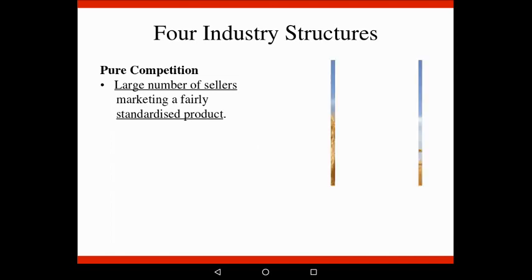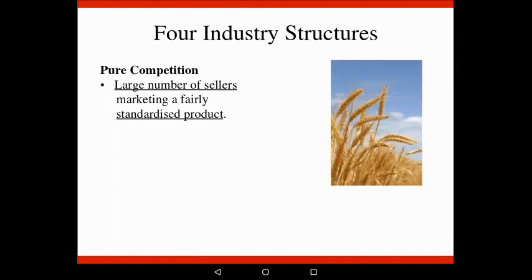What you get from the one seller is what you will get from the other, basically. And a good example is wheat or corn. Wheat is wheat. Whether you make it in one area of the country or another area, it's just wheat. So, an example is farmers who produce wheat or corn. There are hundreds in South Africa, and most of their products are pretty similar.